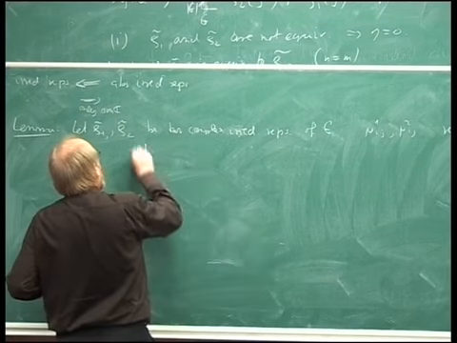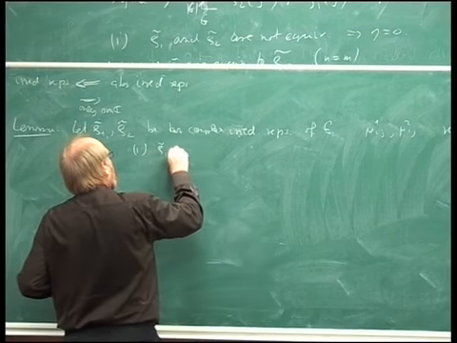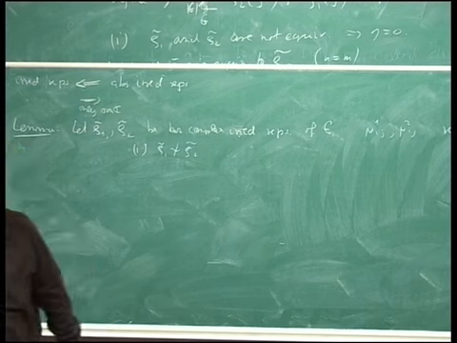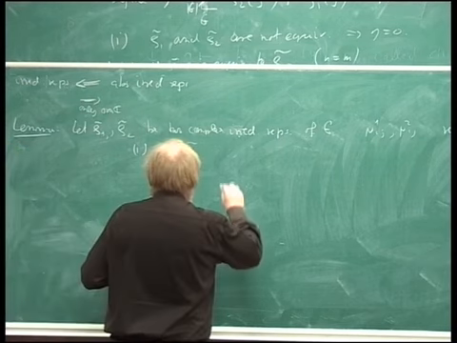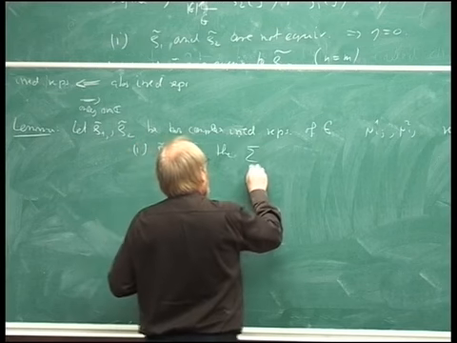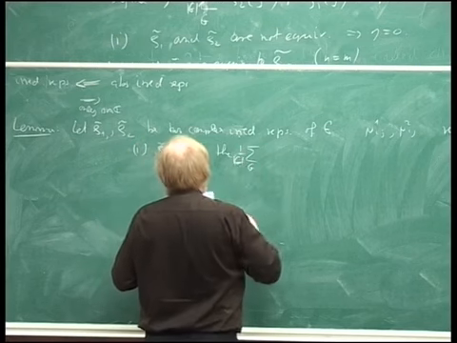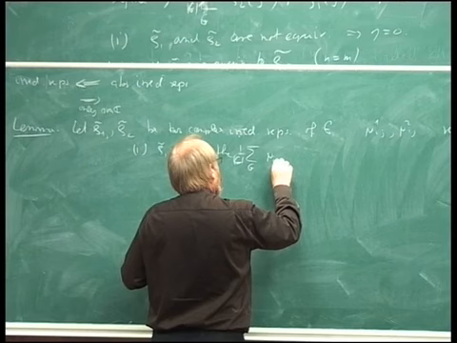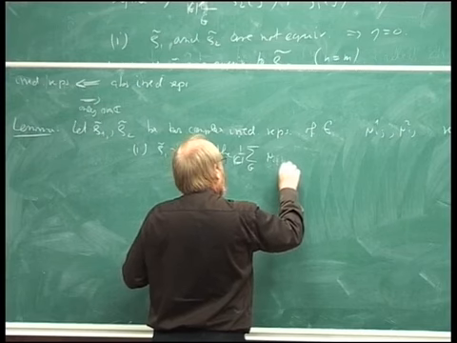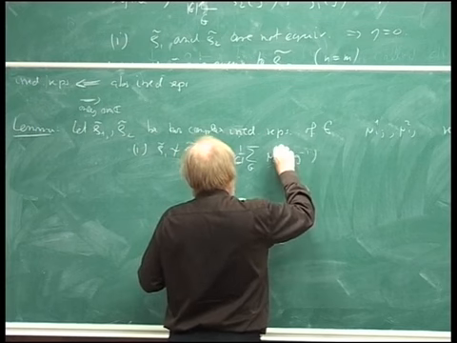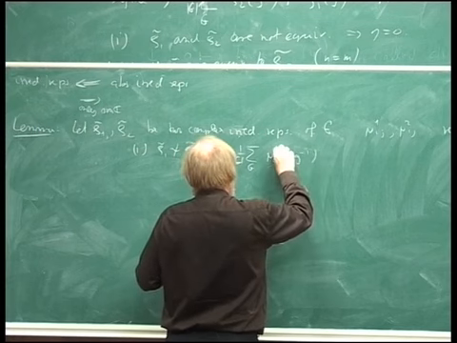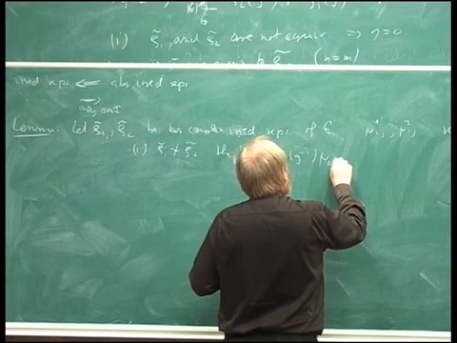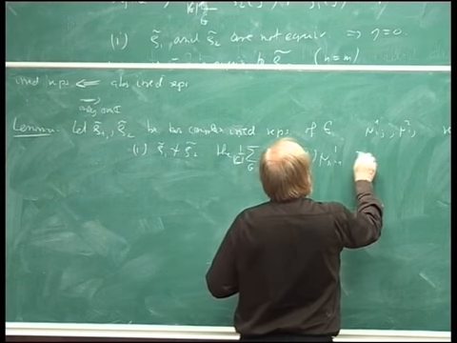So it follows, if rho 1 tilde is not equivalent to rho 2 tilde, then the sum over G, 1 over |G|, mu I2 J2 of G inverse times mu J1 I1 of G is equal to 0.